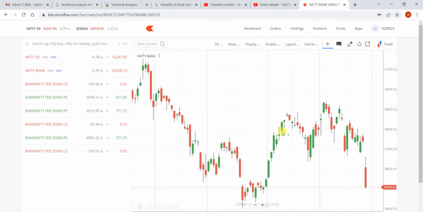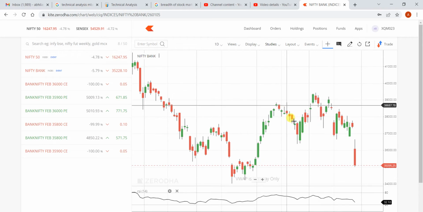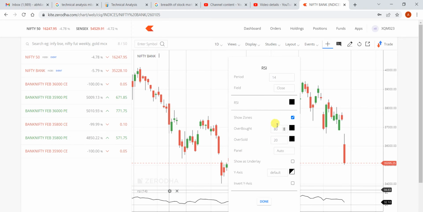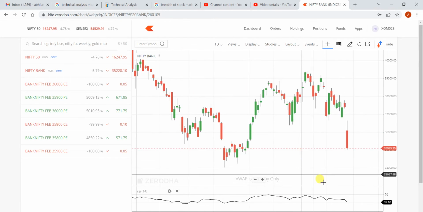Okay, so this is a chart. Let me add RSI here. Okay, so I have added RSI. You can see, let me change the levels to 70 and 30. 70 is considered overbought and 30 is considered oversold. So here you can see the level, 30, it is near 32.